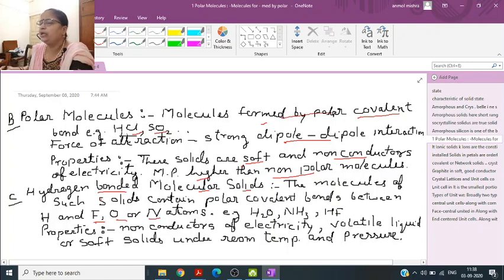So hydrogen bonding is formed in water, ammonia, HF, and due to the hydrogen bonding the water molecule exists in solid state, that is ice. The properties of these solids are, they are non-conductor of electricity, volatile liquid or soft solids under room temperature and pressure.